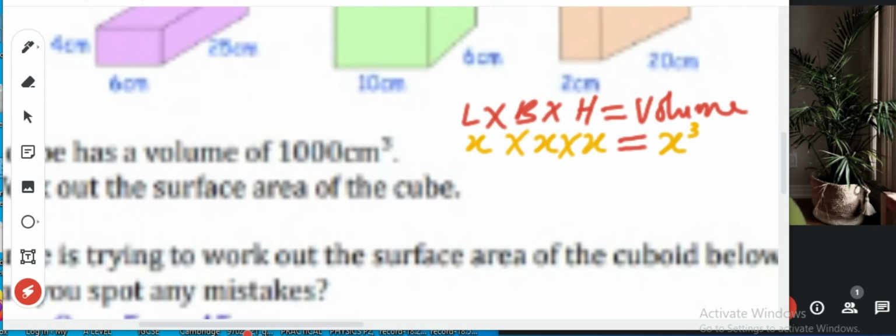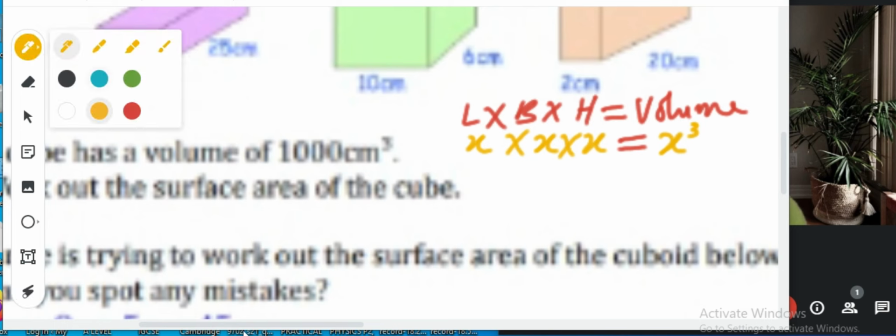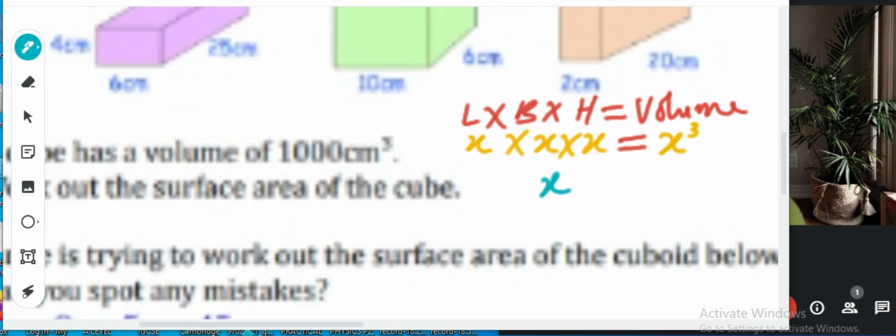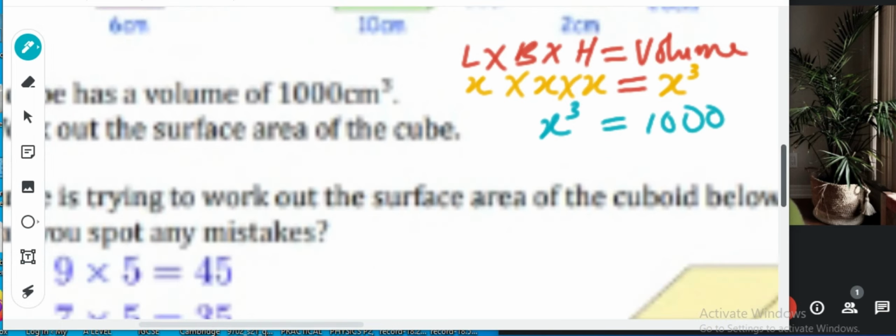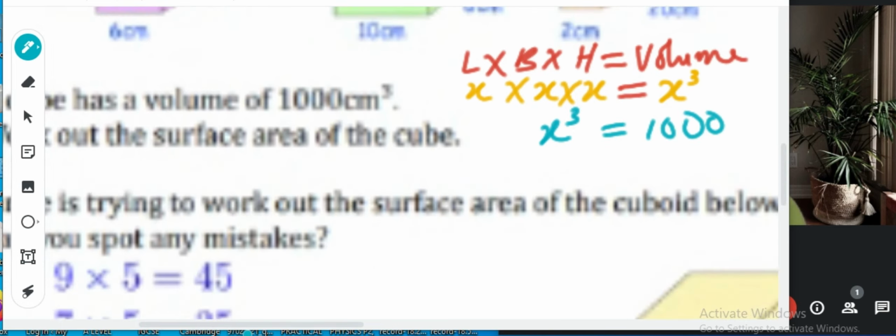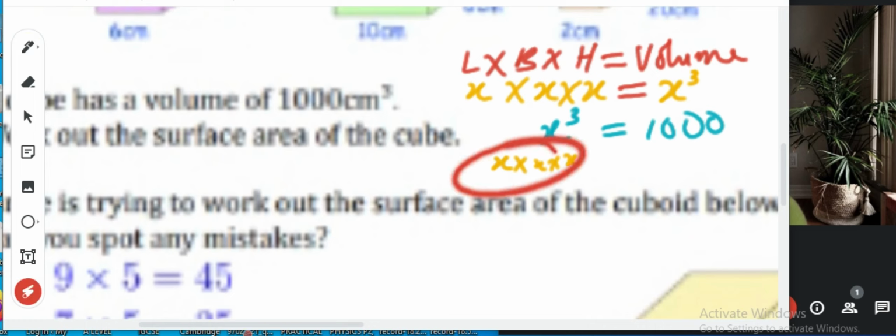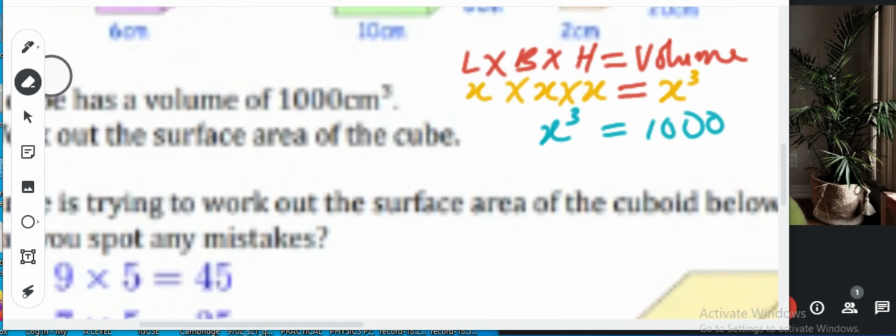So that means x cubed is 1000. So how do we find x? X cubed simply means x times x times x. What number will you multiply by itself 3 times to get 1000? To find the number, you simply find the cube root. So x is the cube root of 1000.